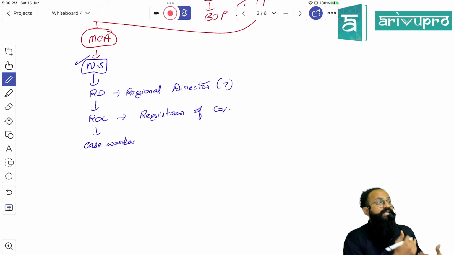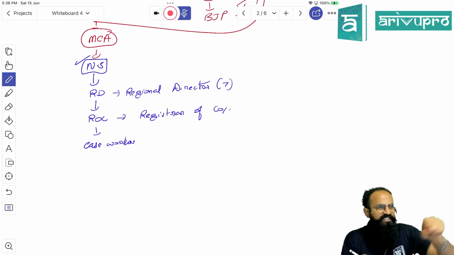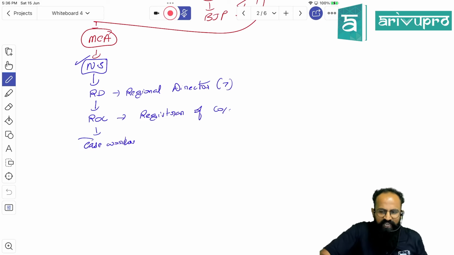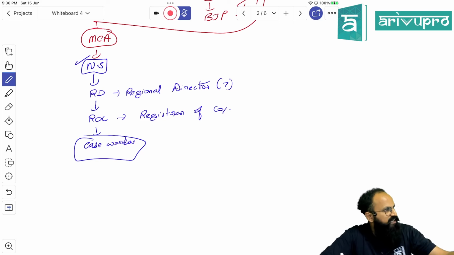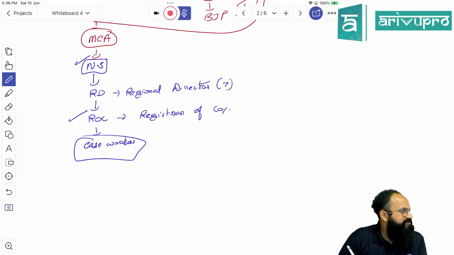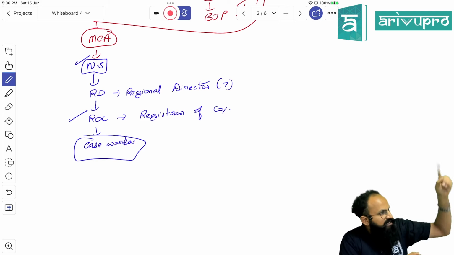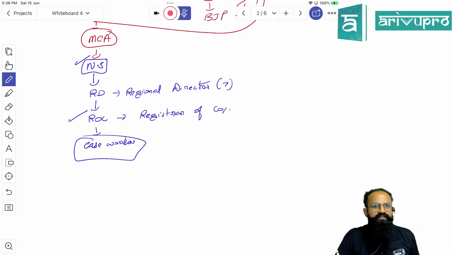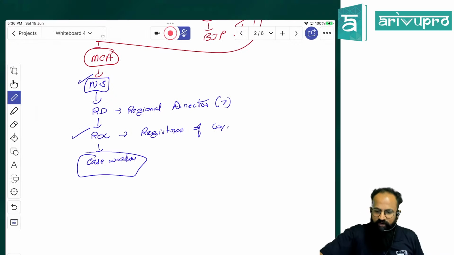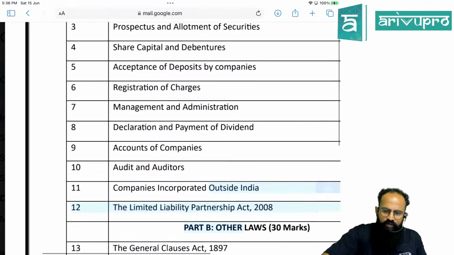These are further employees. Ultimately, interns are working, but the signature is yours, no? Here also, case workers will work on your scenario, and the signature will be the ROC's. Got it? The people working will be different, but ultimately it will come under the signature of the ROC. Understood? Okay. Now, in reality, how does it look?